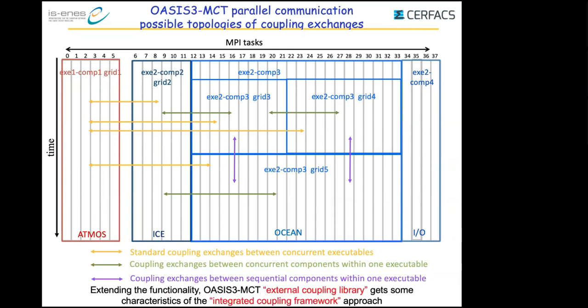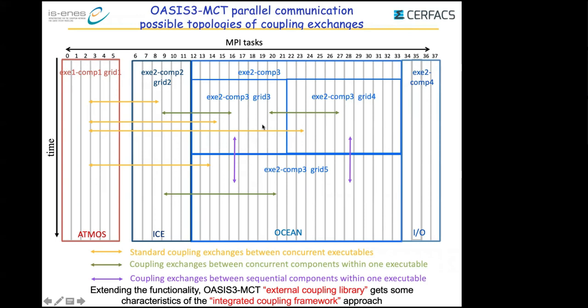So this means that by extending the functionality of OASIS3-MCT this way, the OASIS3-MCT that I categorize in the coupler approach gets some characteristics of the integrated coupling framework approach, with different components running in sequence or concurrently within the same executable.